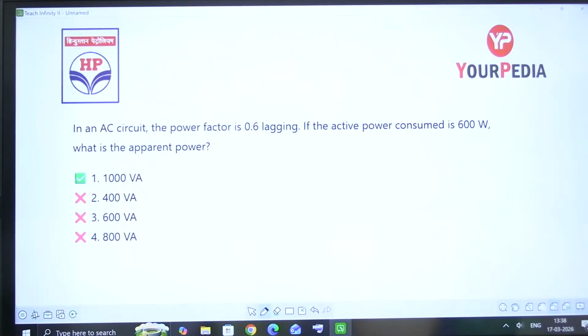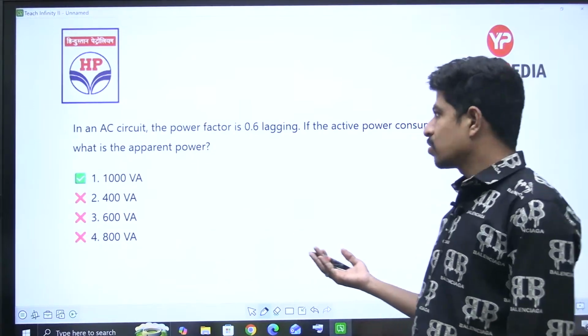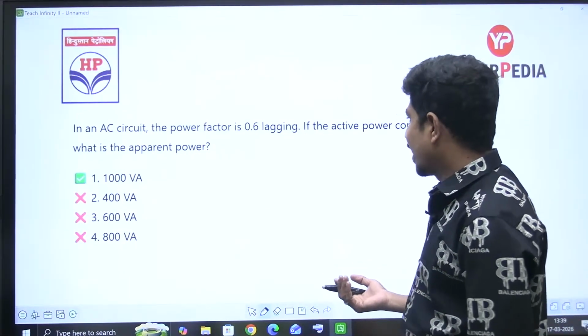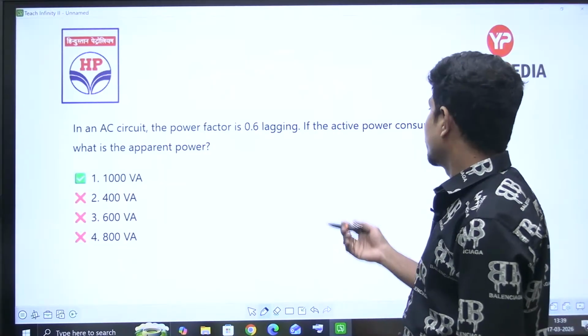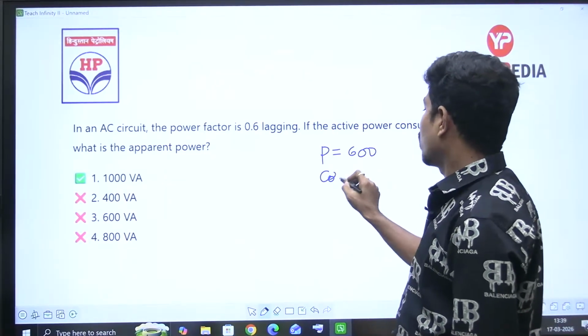Next question. In an AC circuit, the power factor is 0.6 lagging. With the previous question data, we can solve this question easily. If the active power consumed is P, given P is 600. What is power factor?